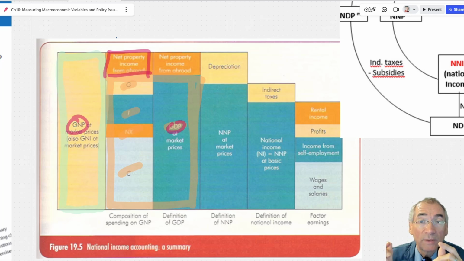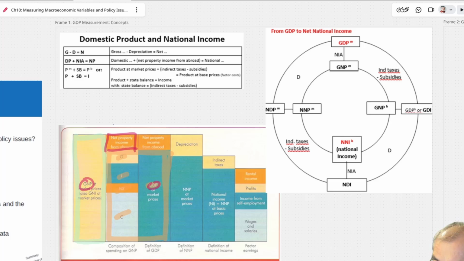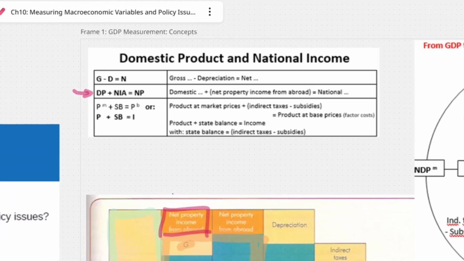You might recall our definition of GDP: the value of all final goods and services produced within a country's boundaries in a given period of time. And that is the difference, and that's why we can derive one rule of computation: a domestic product plus the net income from abroad is the national product.